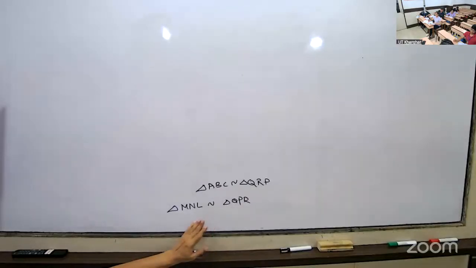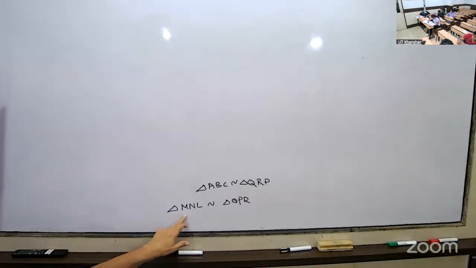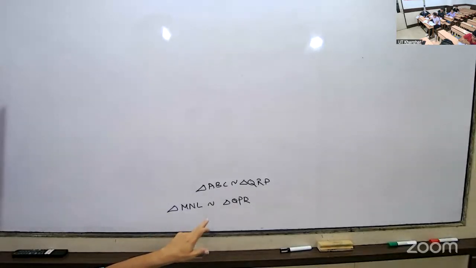Check once again. I think it is MN upon QP. Yes, QPR, correct. You have to check whether the corresponding given things are matching or not. MN upon, ML upon. Pallavi followed now. Yes sir. Very nice.